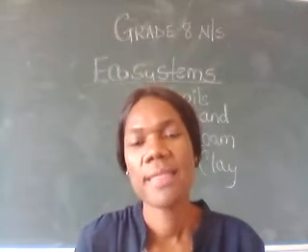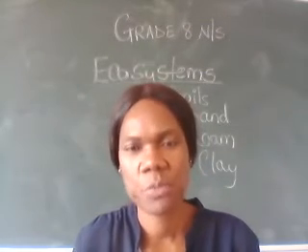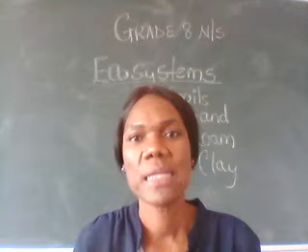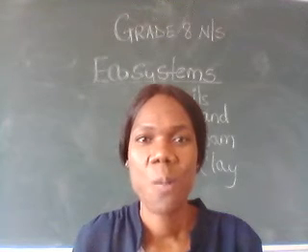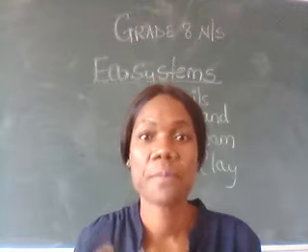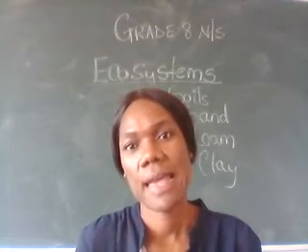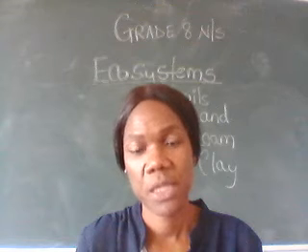So during the life cycle of an organism, it will be taking up nutrients, it will be making use of food. So when it dies, when it decomposes, it brings back those nutrients into the soil, and the soil becomes rich again. So humus is very important.